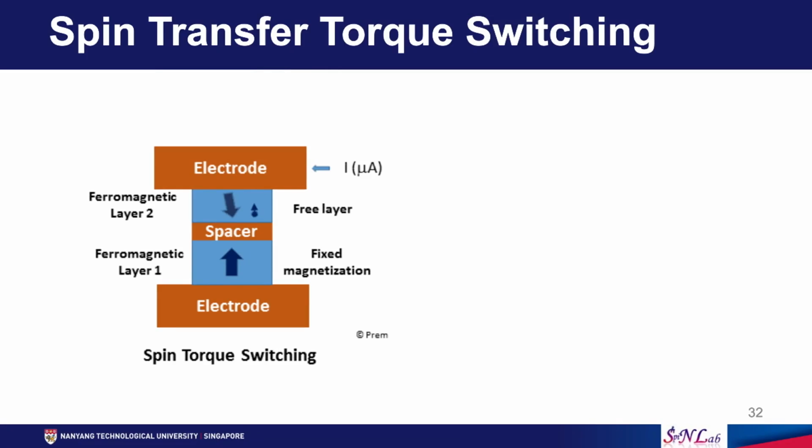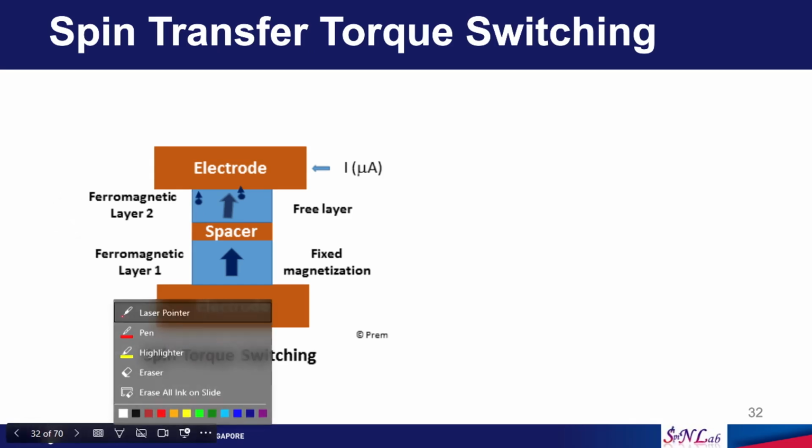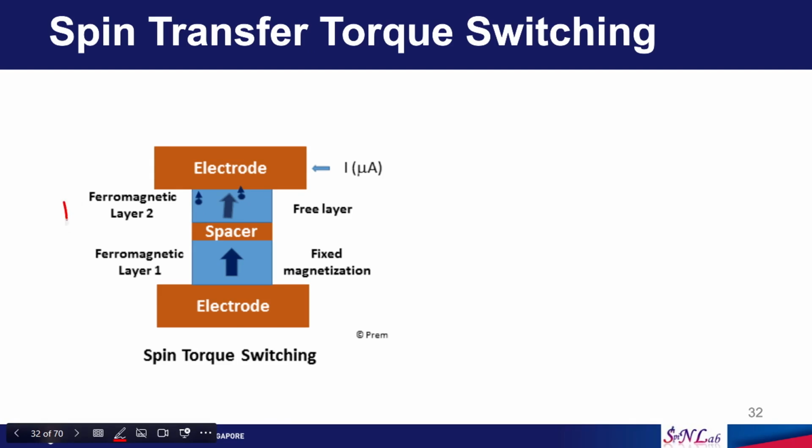Initially the 2 layers have anti-parallel magnetization. But when we send electrons through this side, actually we are sending current this way. Conventionally the current direction is opposite to the flow of electrons.